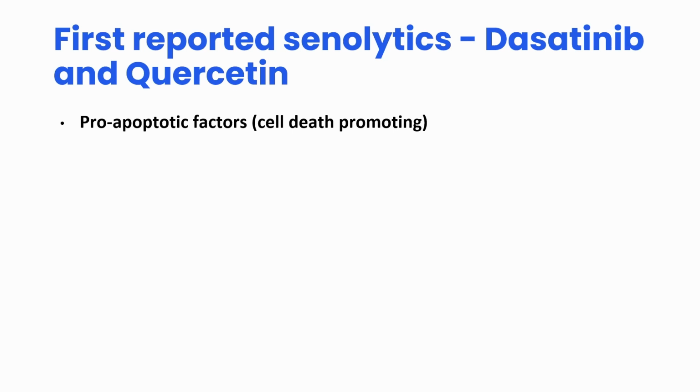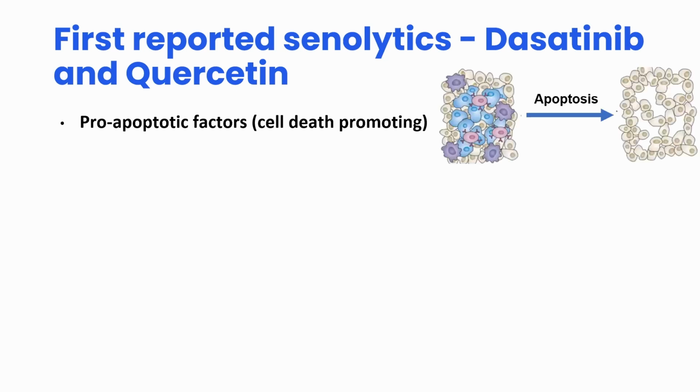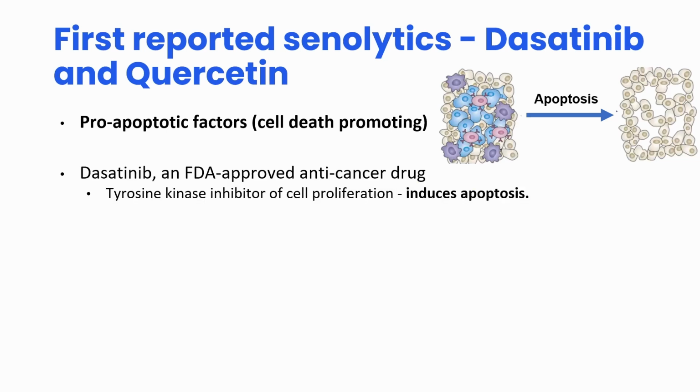It causes the apoptosis, or the cell death, of senescent cells. So this FDA-approved anti-cancer drug kills these senescent cells by inhibiting tyrosine kinase.